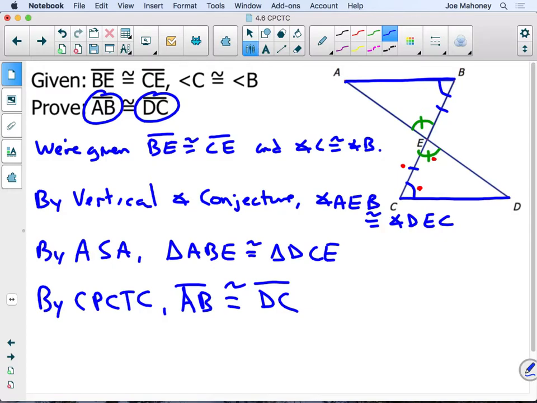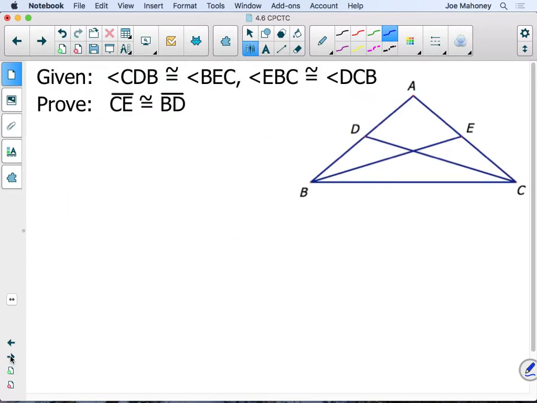Well, let's keep going. Let's try one more together. And again, we're doing two things here. We're talking about CPCTC, but we're also talking about triangle proofs, a big concept in math. So again, I've got some given information, so let's write that down. We're given that angle CDB is congruent to angle BEC.